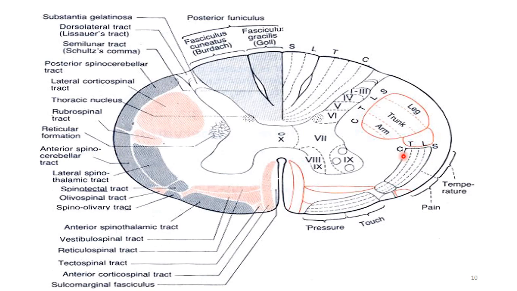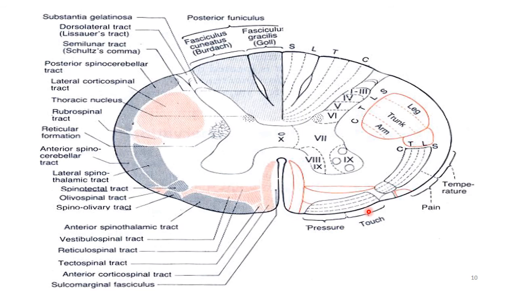Now, if we talk about the antero-lateral spinothalamic tract, we will find the lateralmost is temperature, then pain, then the sensation of touch and pressure. Out of these 4 modalities, temperature is the outermost or lateralmost, pressure is the innermost.